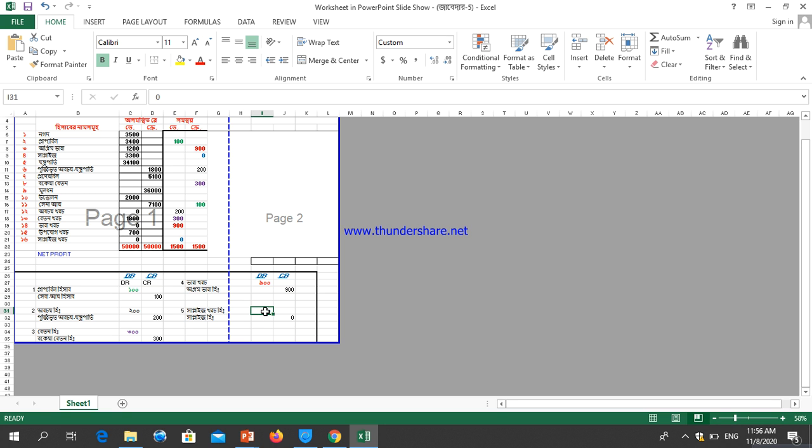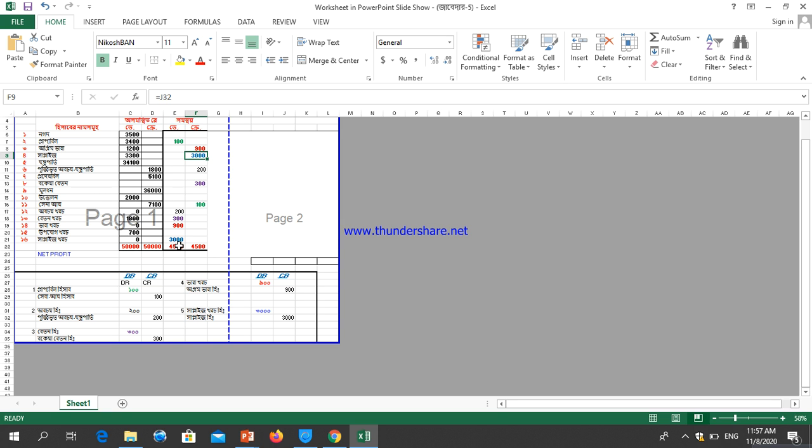How much amount? 3000, am I right? 3000, okay. So supplies expenses debit and supplies credit. Supplies expenses debit, blue color, we symbolize it with blue color, and supplies credit.